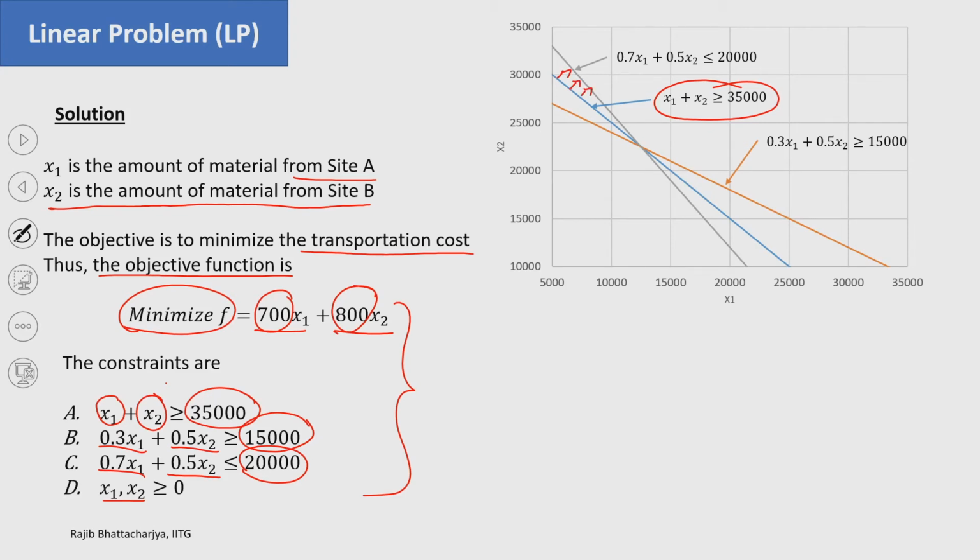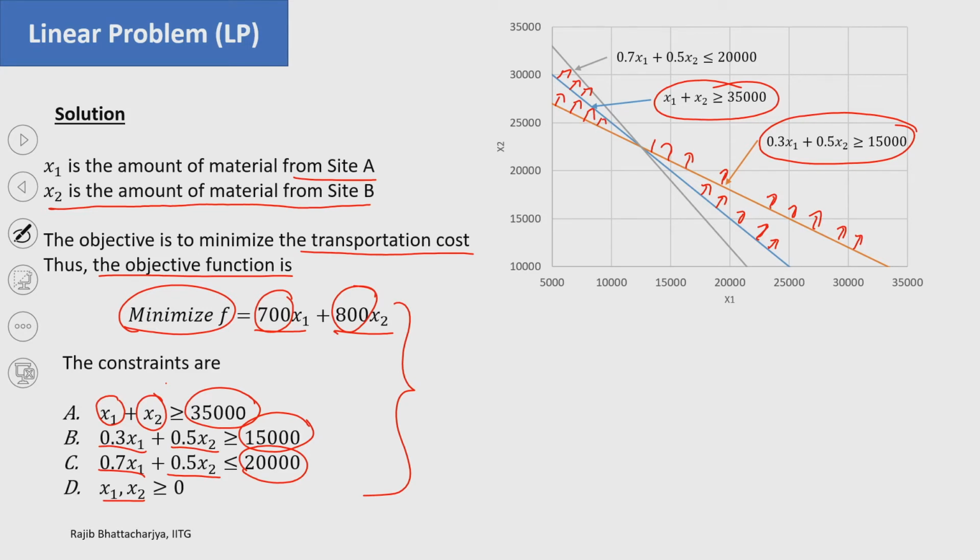This is the constraint. The second constraint is 0.3 x 1 plus 0.5 x 2 equal to 15,000, and this is also greater than type. So, therefore, this is your feasible side. The solution should be on this side.